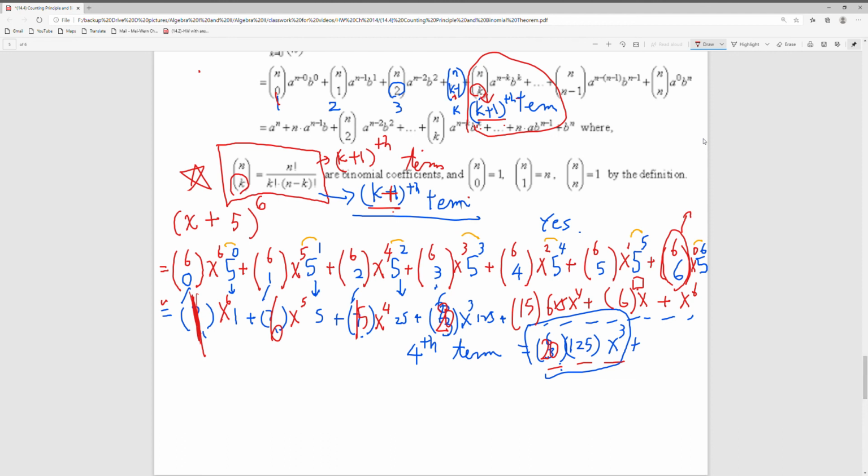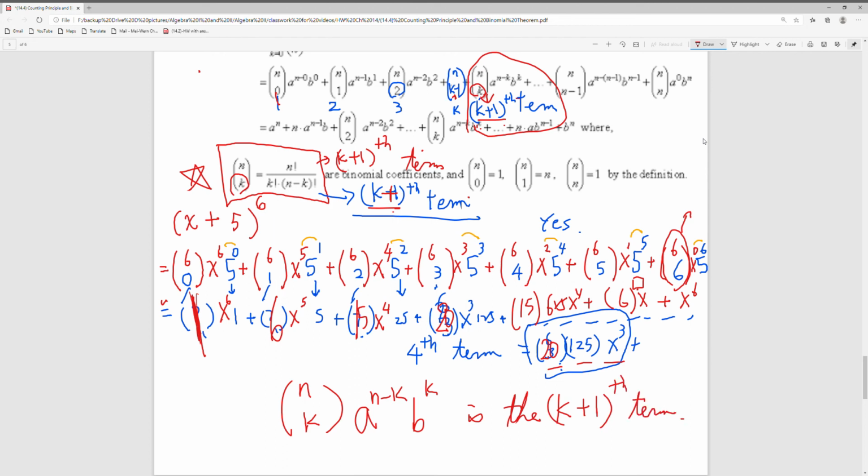Okay, so this formula is easy for me to make a mistake. I don't say I'm confused, but easy to make a mistake. Okay, so the n choose k, a to the n minus k, b to the k is the k plus 1 term.